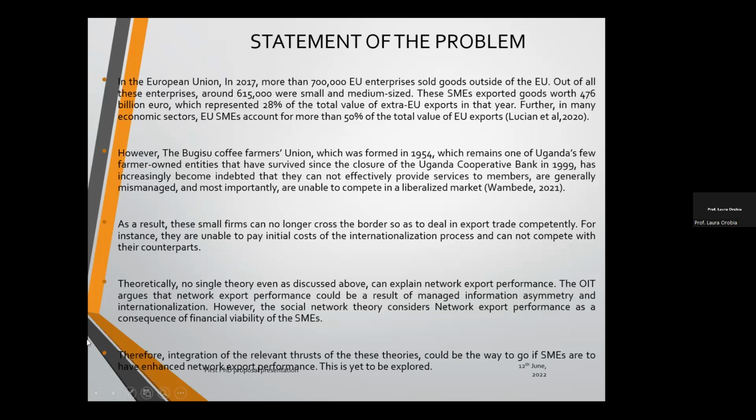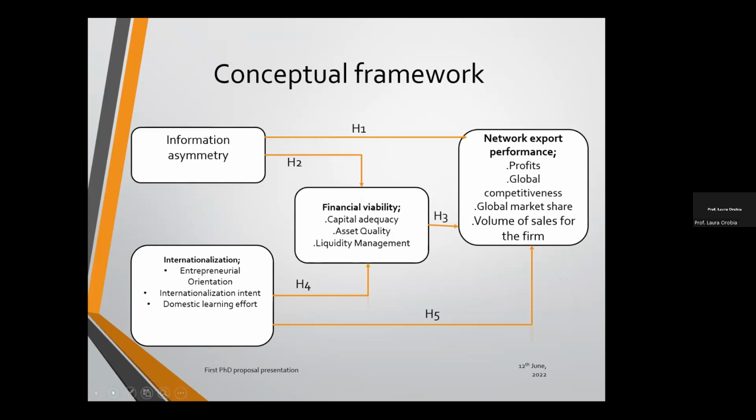Somewhere you said you're looking at three theories. When you go back to reading again, try to see how the theories that you select must be able to explain the relationships that you're portraying in that nice flower there.